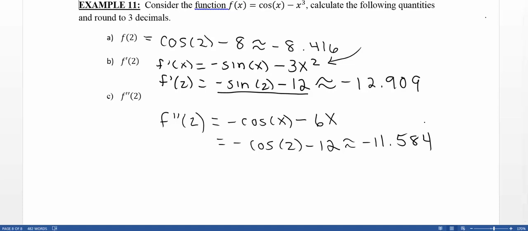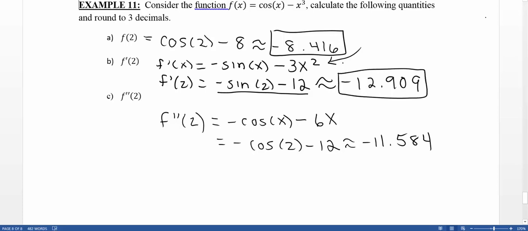So quickly, let's remember what these numbers are going to tell us. Here, this negative 8.416 tells us that the function is negative at x equals 2, which means it's below the x-axis. Because the derivative is negative, that tells us the function is decreasing at 2. Because again, if your function is decreasing, your first derivative is negative.